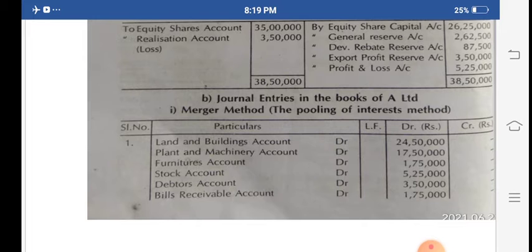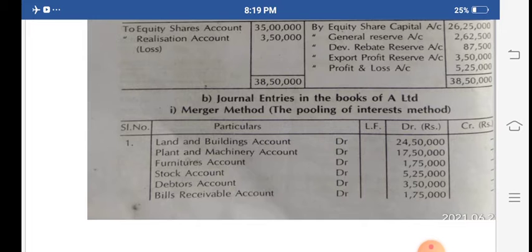Now see here, under the journal entries in the books of A Limited, the first transaction is for adjustment of purchase consideration. There is no adjustment here. We do not calculate the purchase consideration here, it is already given as 35 lakh.